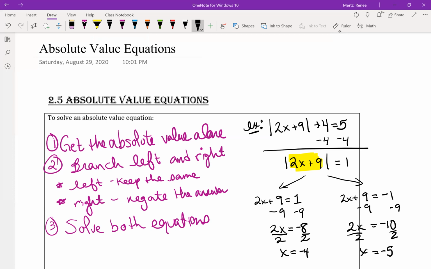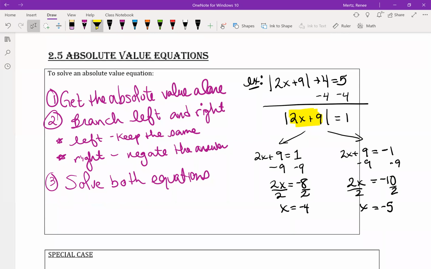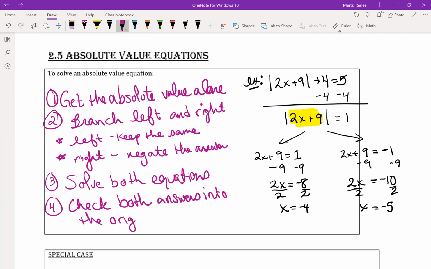So I believe our two answers for this are going to be -4 and -5. To be sure that I'm correct, I'm going to go and check both solutions into the original. And then step 5, when they both check, I'm going to do a solution set.